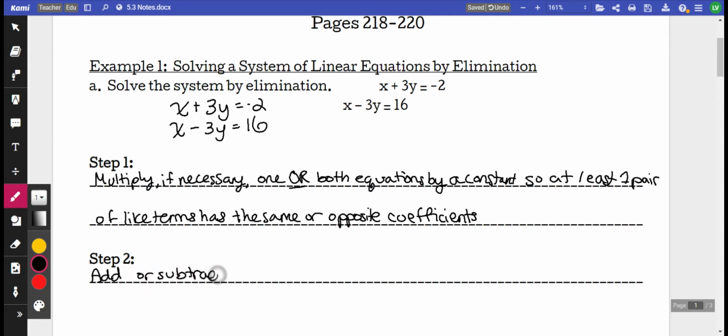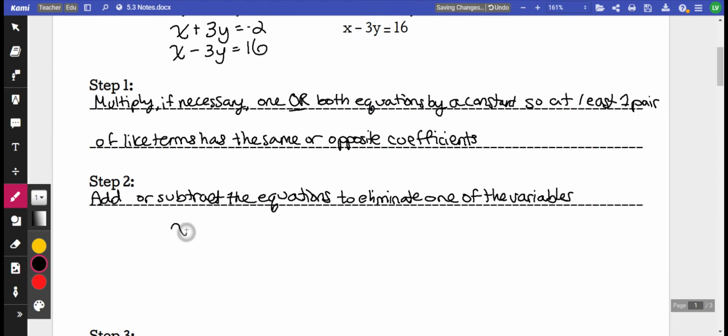Step number 2, we are going to add or subtract the equations to eliminate one of the variables. So if we take x plus 3y equals -2 and x minus 3y equals 16, we're going to add the equations.